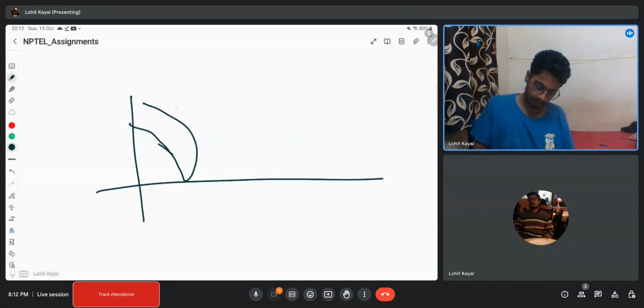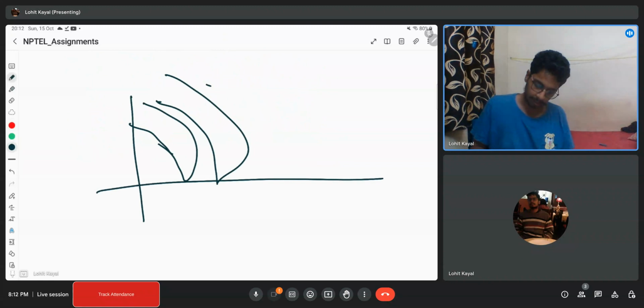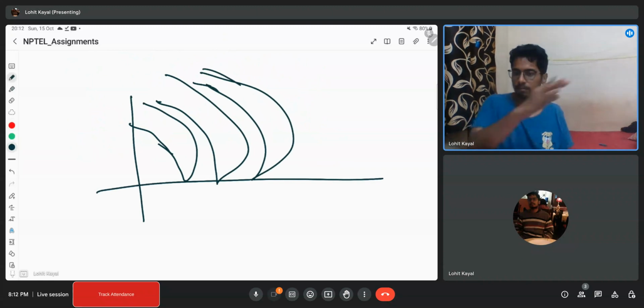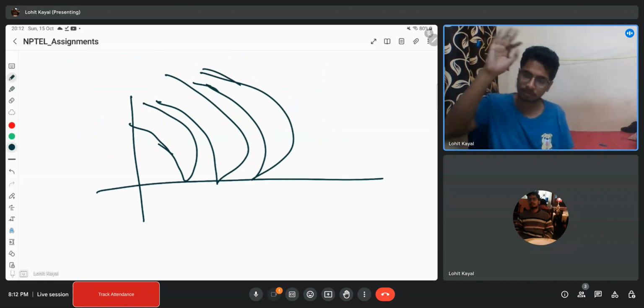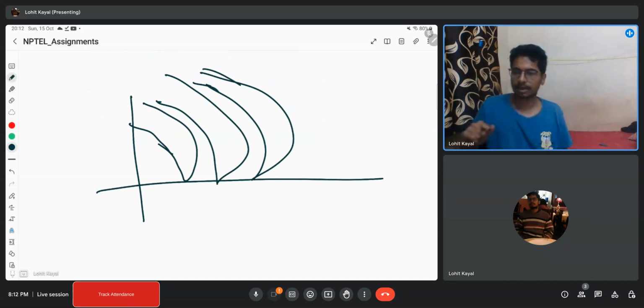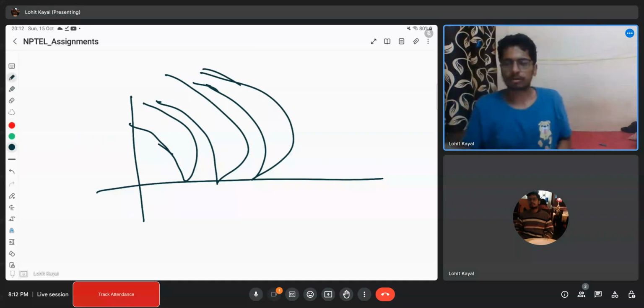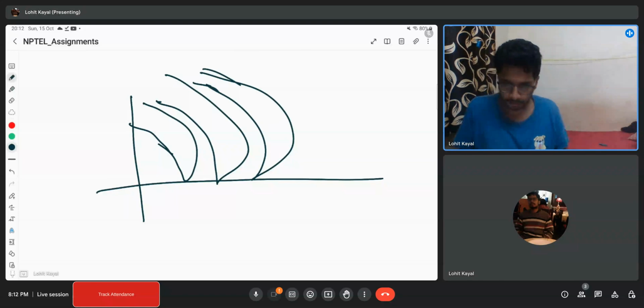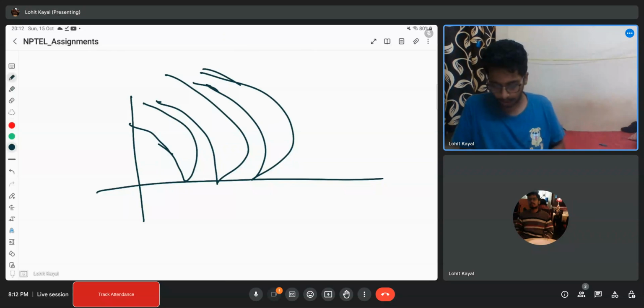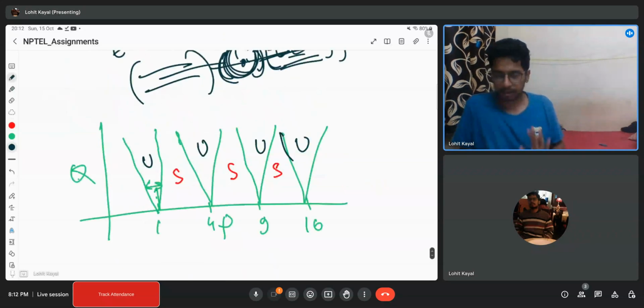It will bend over if you do it for a larger forcing, but you cannot do that analytically. You need to use a computer to solve that. But that is not required. I think the idea is clear: why around 1, 4, 9, 16 the solution is unstable.